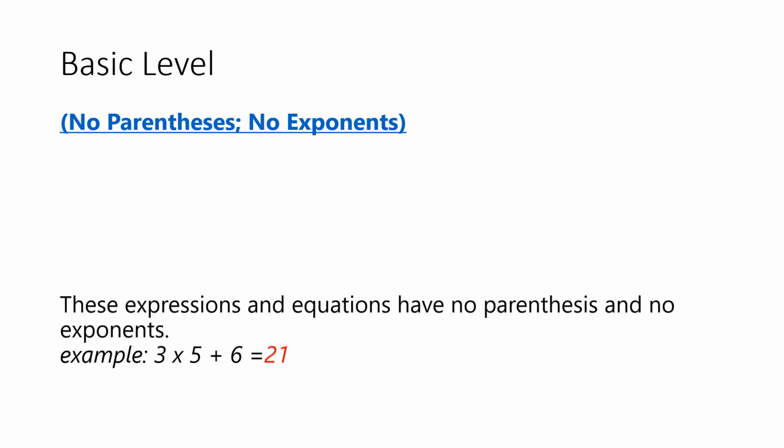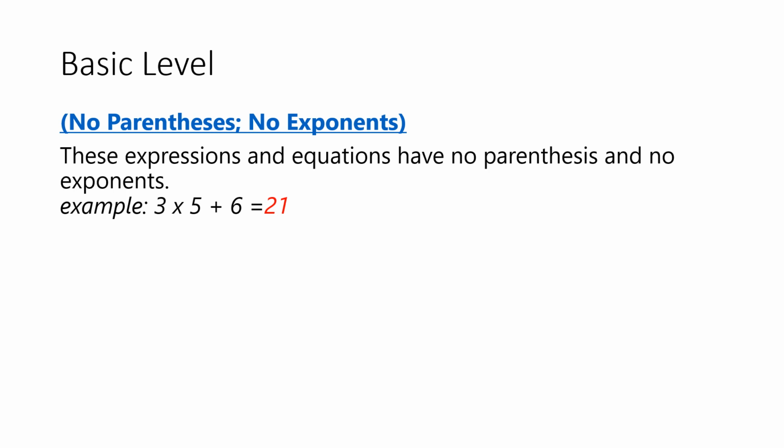In this order of operations, we have three levels. The first one is the basic level, wherein no parentheses and no exponents will be seen. For example, 3 into 5 plus 6. The answer is 21.